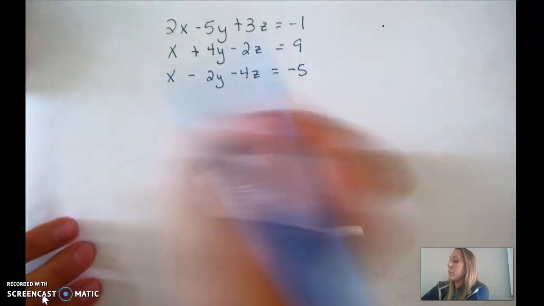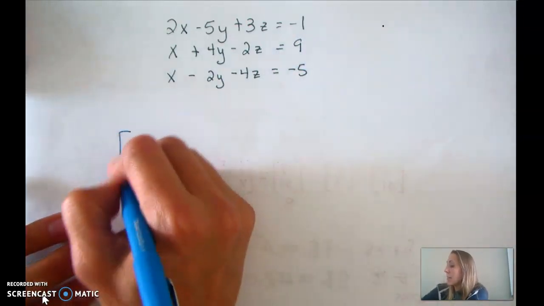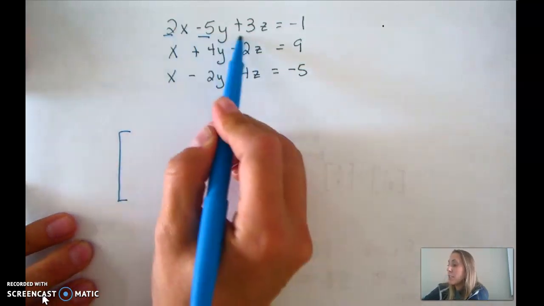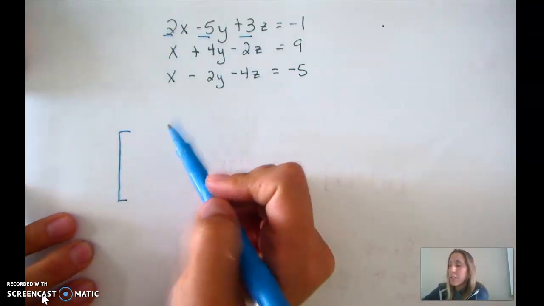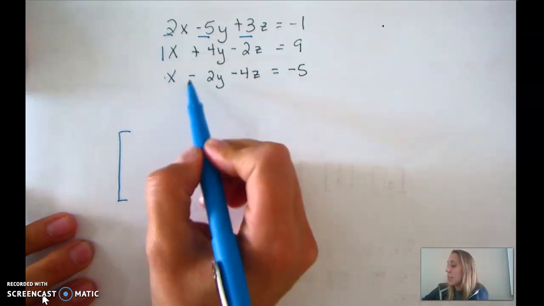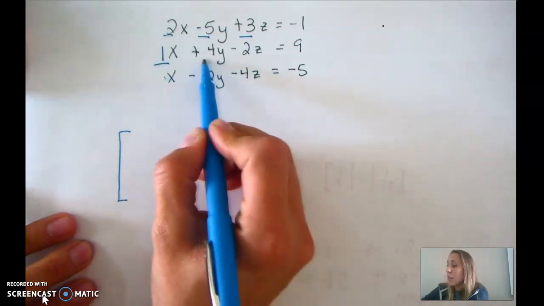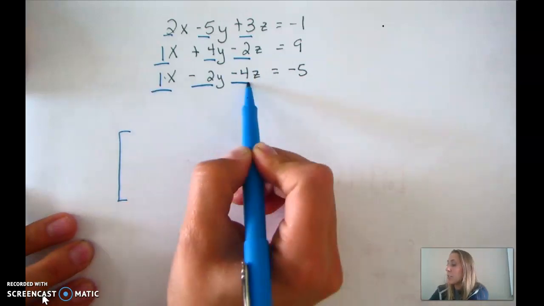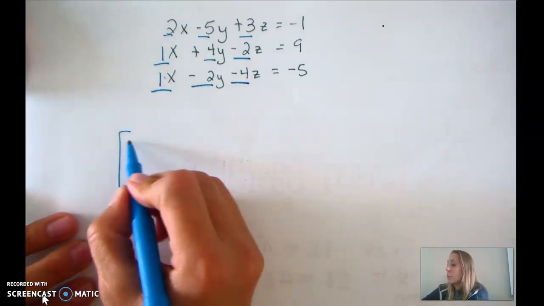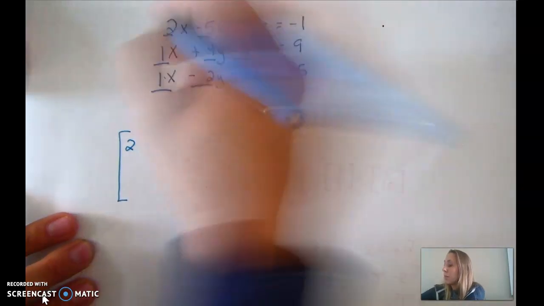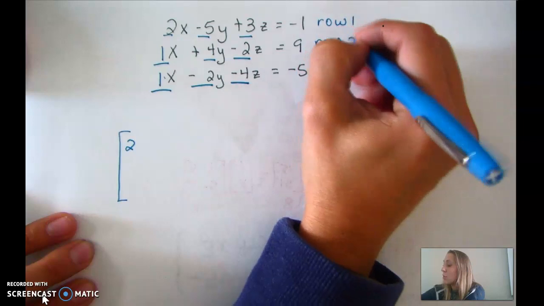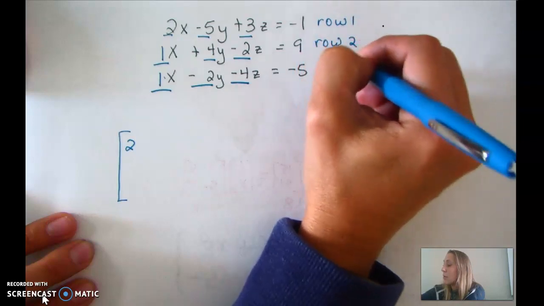So what I'm going to do is write my matrix A. I'm going to take the coefficients, which is the number in front of the variable. There isn't one there, so it's a 1, it's implied. And remember that the sign goes with the coefficient. So I have a 2, and this is going to be row 1, row 2, and row 3.